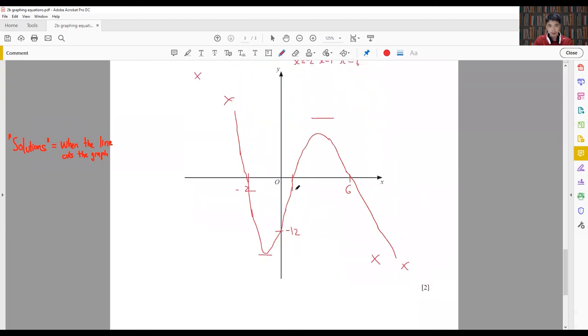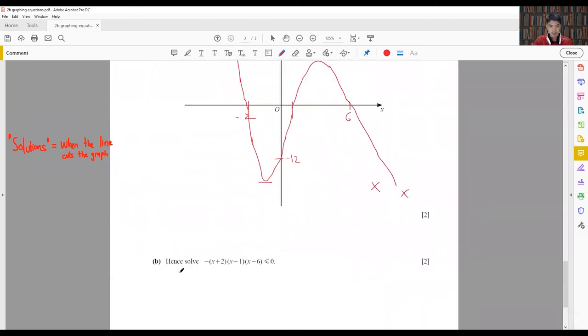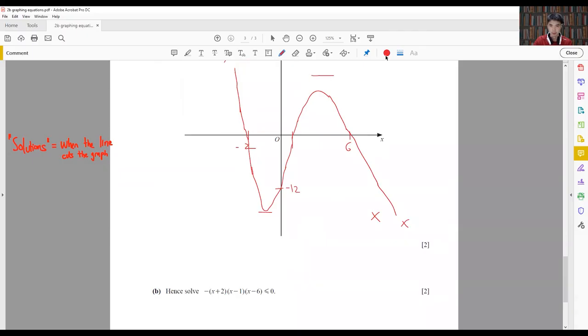And as for this last part here, hence solve for the cubic equation graph that you just drew, where the values are less than 0. Now, if you were to be very strict about where the 0 line is, then the 0 line is from here. Everything less than 0 would be the values here and here.